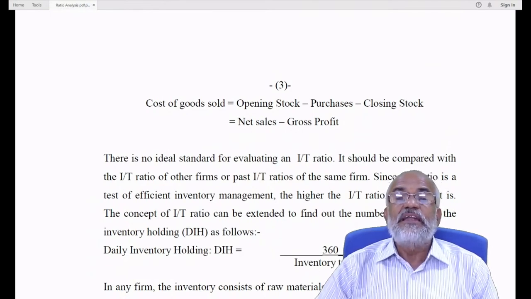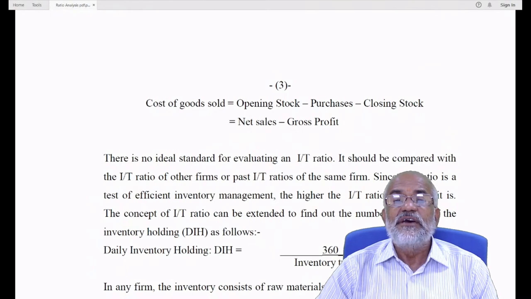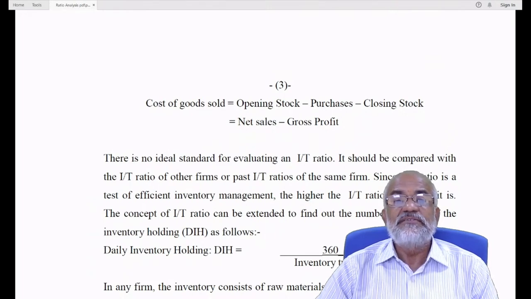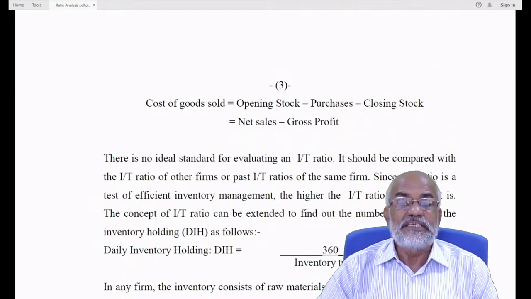There is no ideal standard for evaluating the inventory turnover ratio. It should be compared with the inventory turnover ratio of other firms, and with past inventory ratios of the same firm also. Since this ratio is a test of efficient inventory management, the higher the inventory turnover ratio, the better it is.